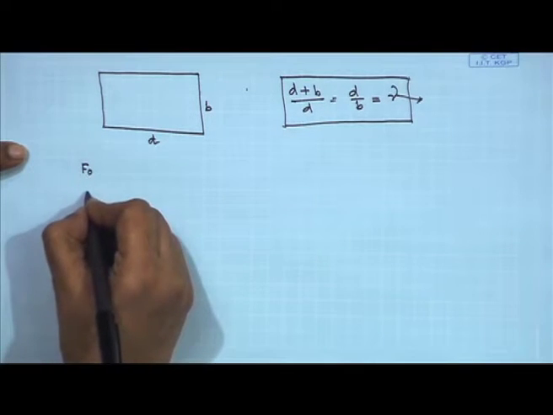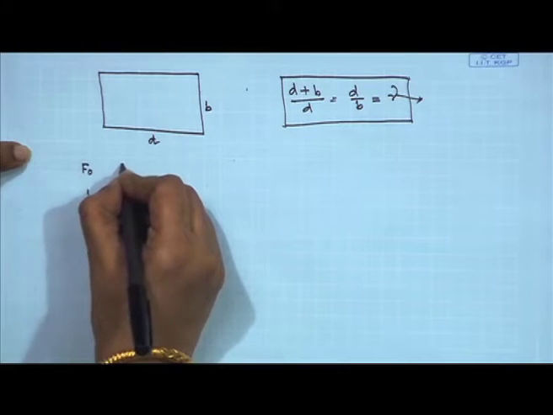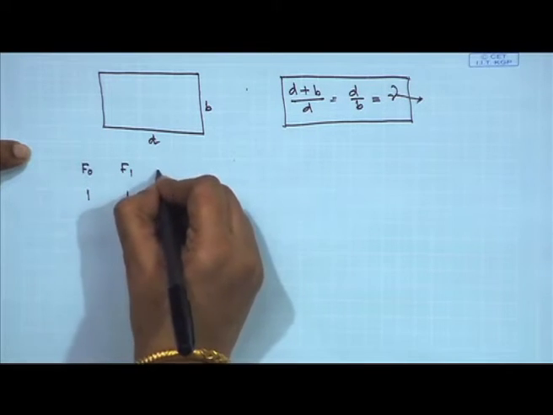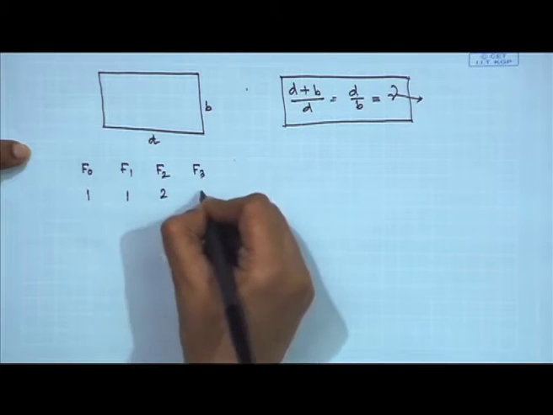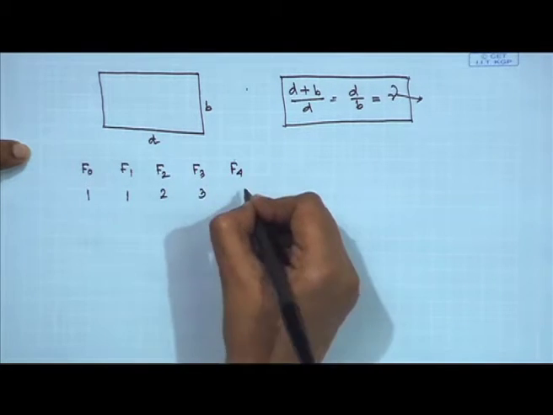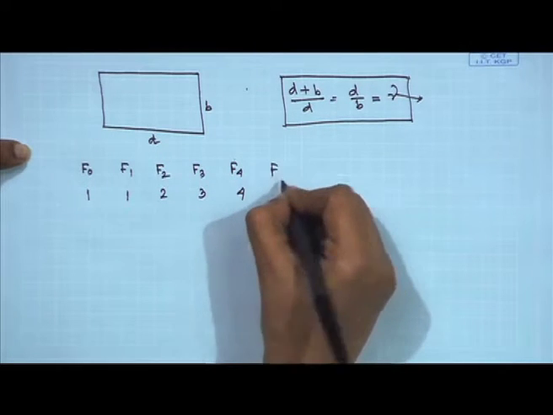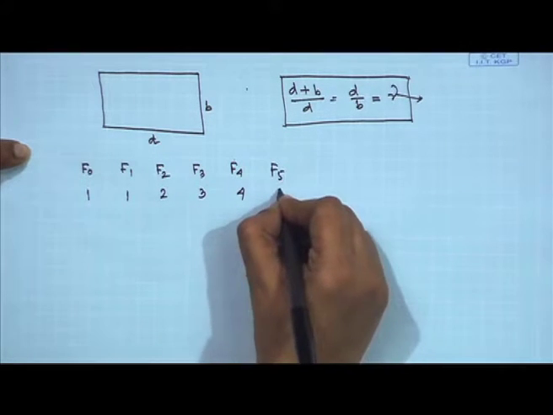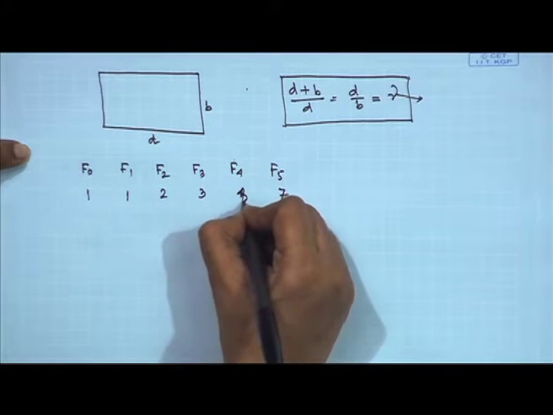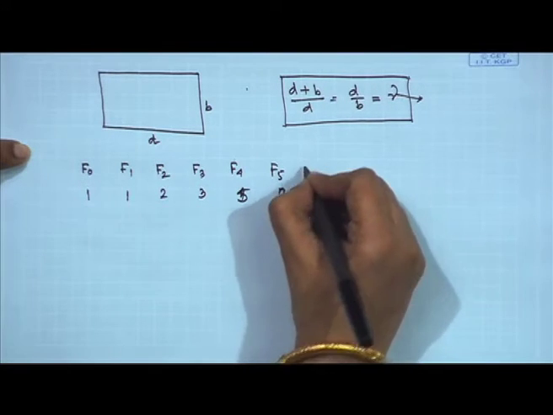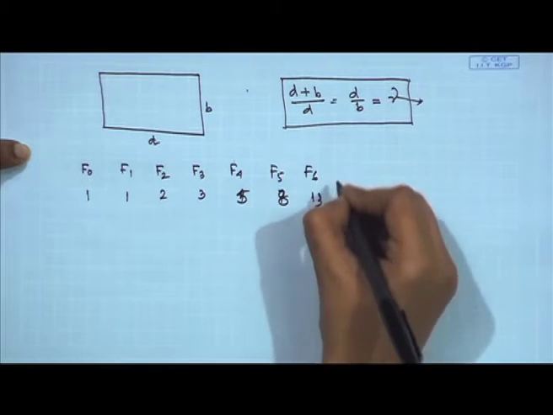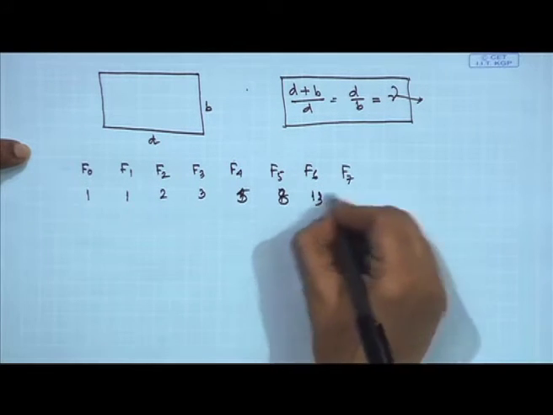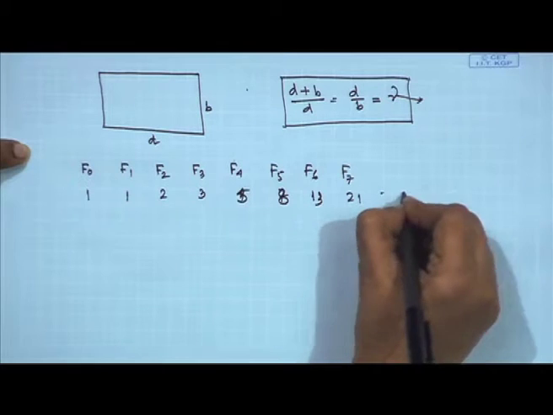The value of f0 is 1, f1 is 1, f2 is 2, f3 is 3, f4 is 5, f5 is 8, f6 is 13, f7 is 21, and this way it goes.